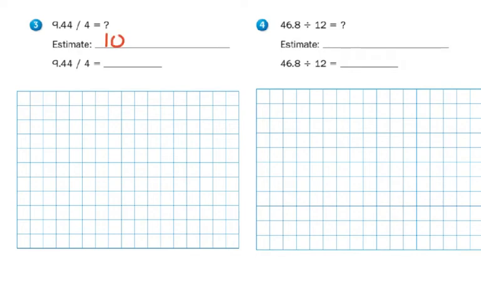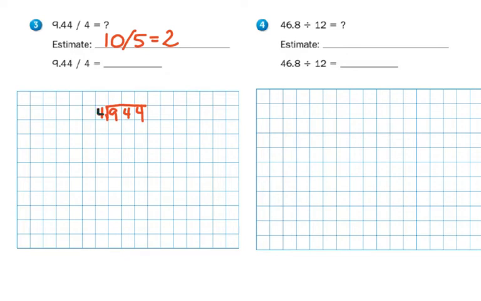All right, 9 and 44 hundredths divided by 4. I'm just going to say 10 divided by 5, which is 2. So now just go ahead and write 9 and 44 hundredths divided by 4. I'm going to use traditional division here.